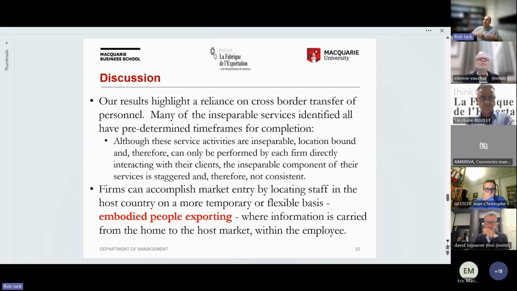It's not ongoing, it's not continuous. So it's possible to do that by sending the key people there and having a fair amount of flexibility around this. This is where we're talking about embodied people exporting, where information is carried from the home to the host market and delivered to the client, essentially in the same way that exporting does.